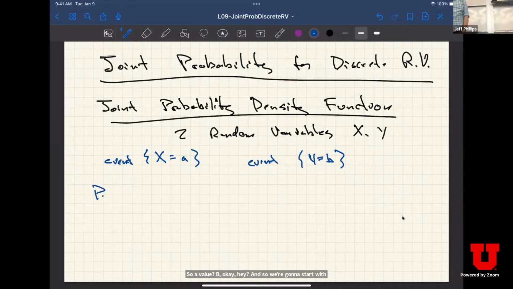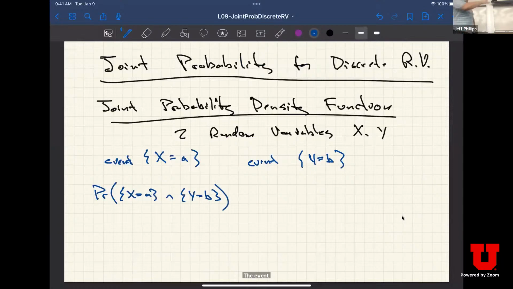So then we're going to talk about the probability of these events, right? So I can say the probability of X equal to A intersection the event Y is equal to B, right? This is something we've talked about, the probability of two events, the intersection of these two events. This notation, though, is, as a few of you complained early in the class, this set notation is kind of clunky.